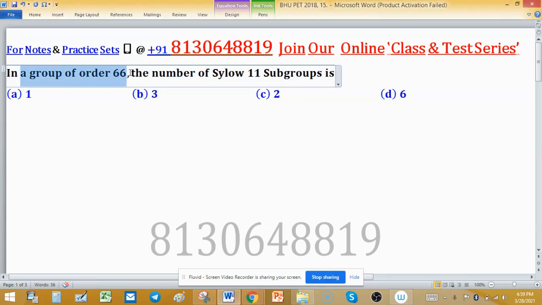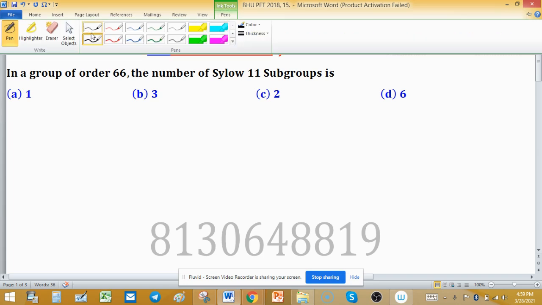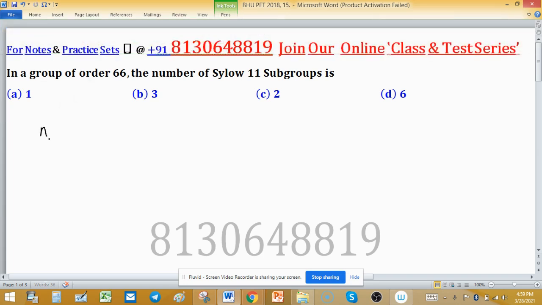In a group of order 66, the number of Sylow 11 subgroups is asked. The number of Sylow p-subgroups np can be found as 1 plus kp, where 1 plus kp divides the order of the group and k is a non-negative integer 0, 1, 2 and so on.